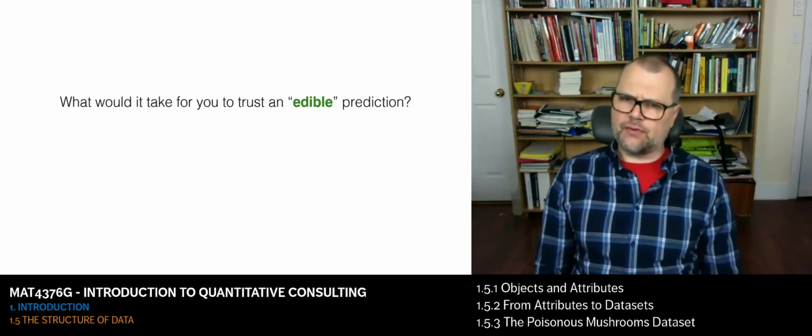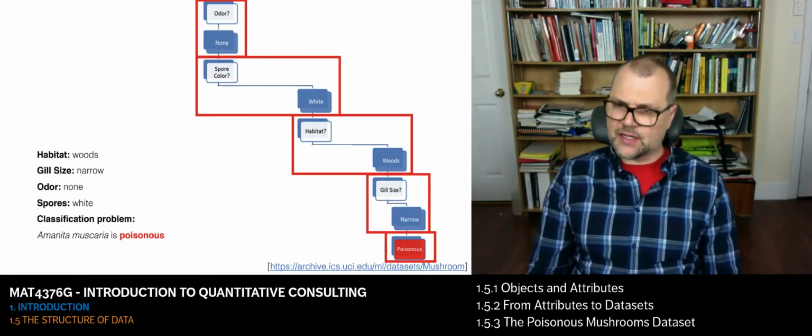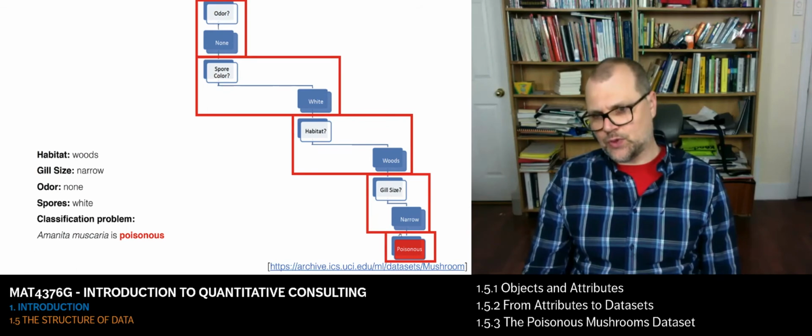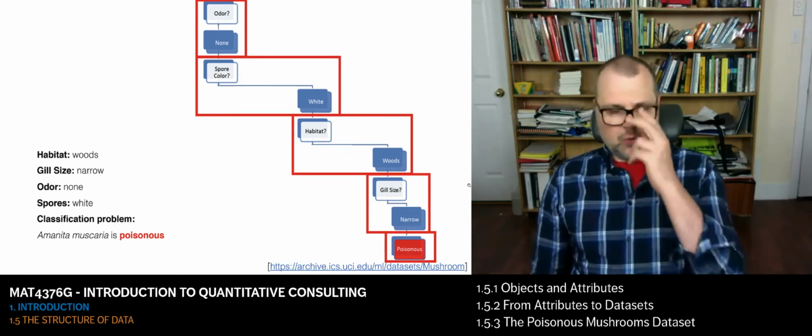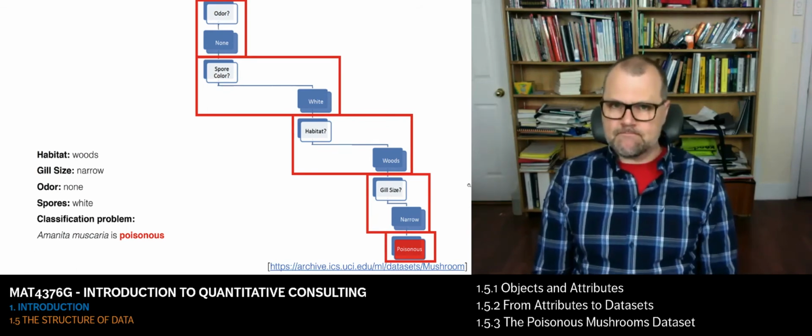What would it take for you to trust an edible prediction, by the way? Like, what if instead at the end of the day you went through this process and what you saw here was edible? Would you feel comfortable eating Amanita muscaria?